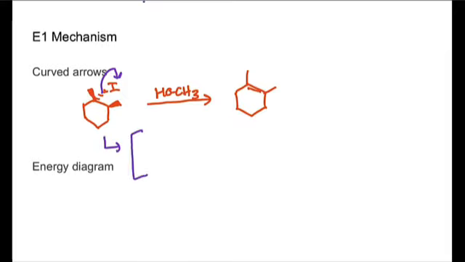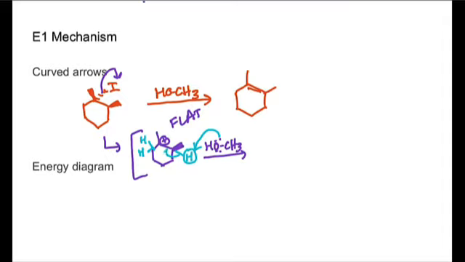And then the next step is, since it's an elimination, I want to find a beta proton. I'm going to draw in any beta protons, beta to the carbocation carbon. I have a couple here, but if I choose this one, then I end up with the resulting double bond. If I take that beta proton and kick the electrons in to form a carbon-carbon double bond, I end up with the more stable or more substituted carbon-carbon double bond.